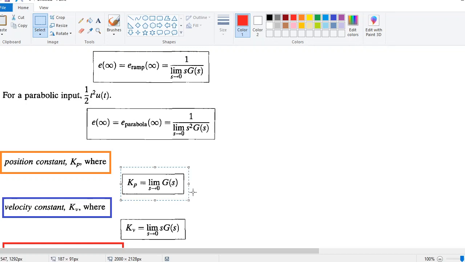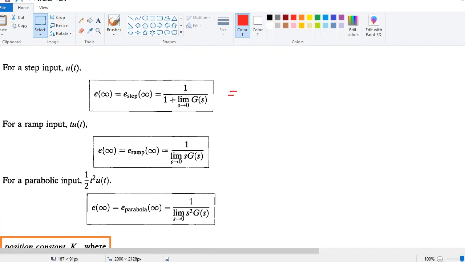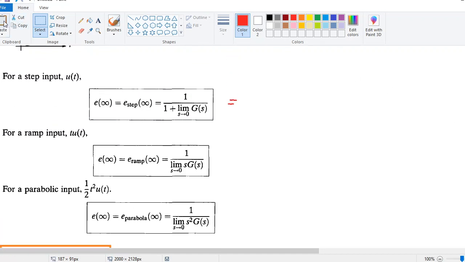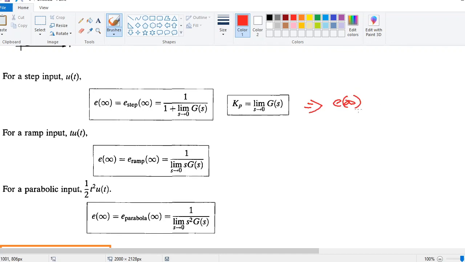Let's start with Kp, which is the position constant. Now imagine what would happen if you rewrite this equation. E of infinity step would now be equal to 1 divided by 1 plus Kp, because Kp is equal to limit s tending to 0 of G(s).